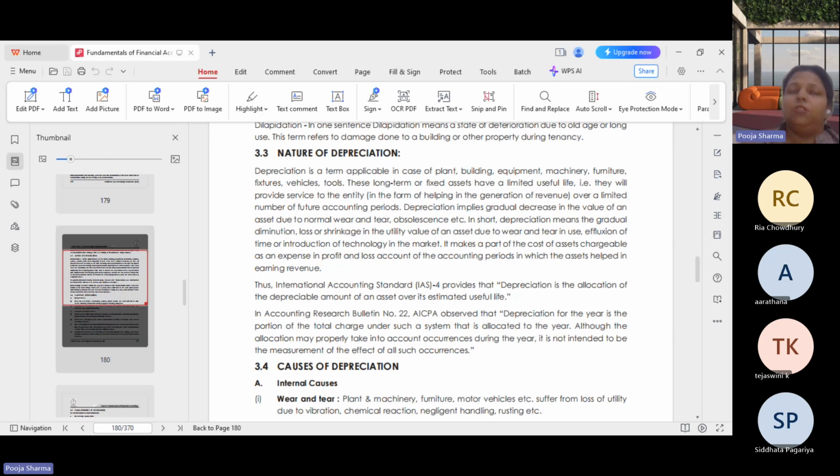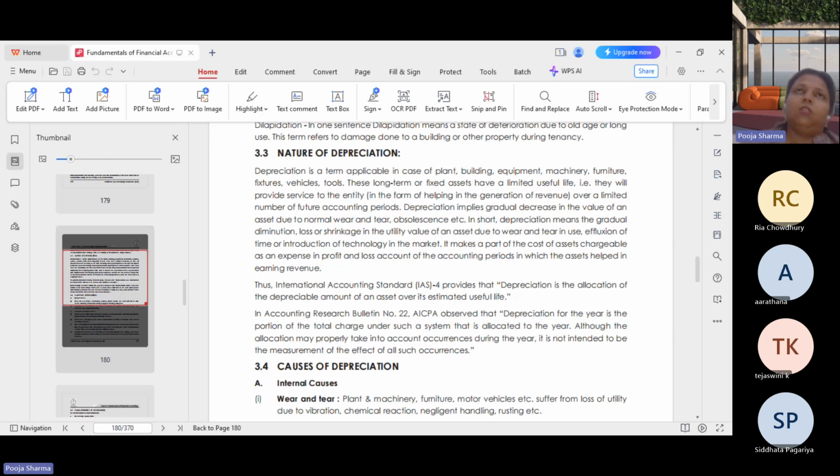This is the basic definition. Just learn it, and you will be able to clear concepts like amortization, depletion, obsolescence, and differentiate between them and depreciation. The nature of depreciation is based on IS 16 and AICPA.